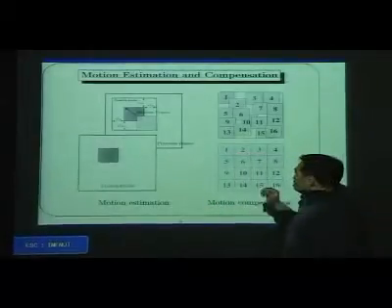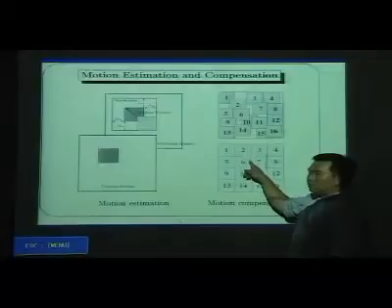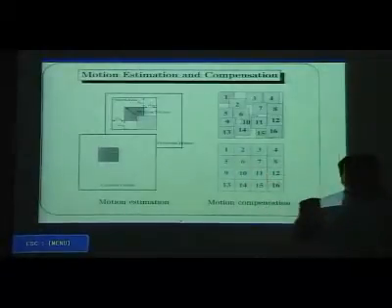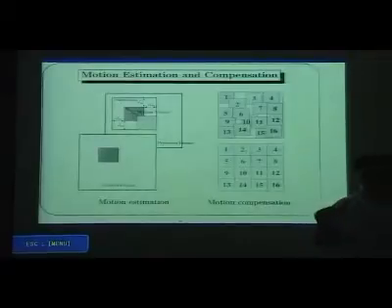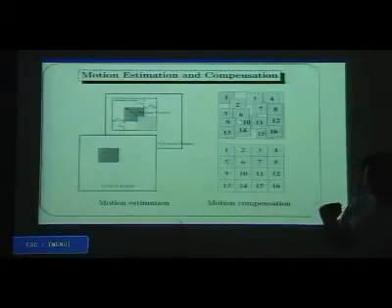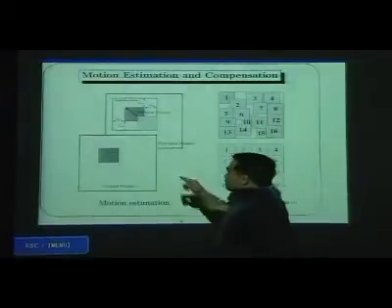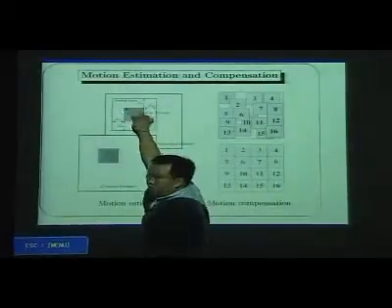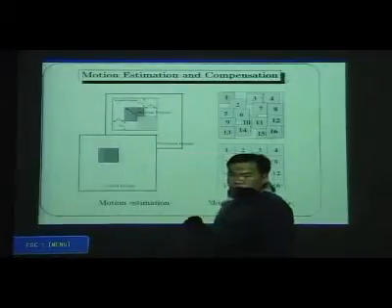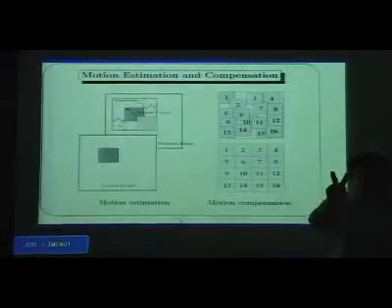Instead of sending pixels, 16 by 16 is 256 pixels. Instead of sending 256 numbers, you're sending only 2 numbers. You're sending the vector, which is a two-dimensional vector, right? Only two numbers. So compare 256 with 2.